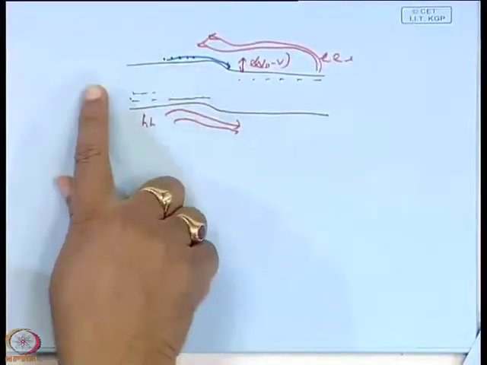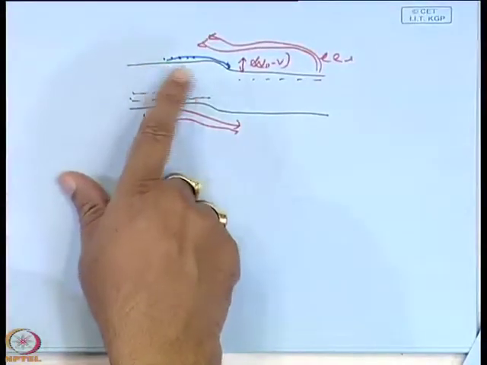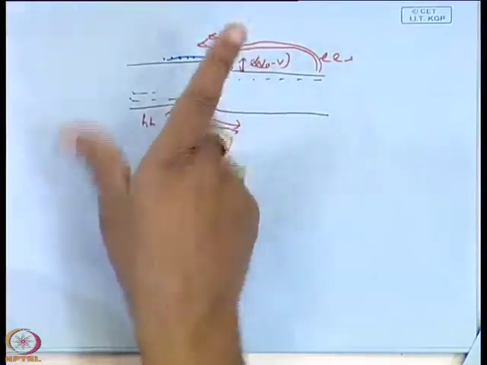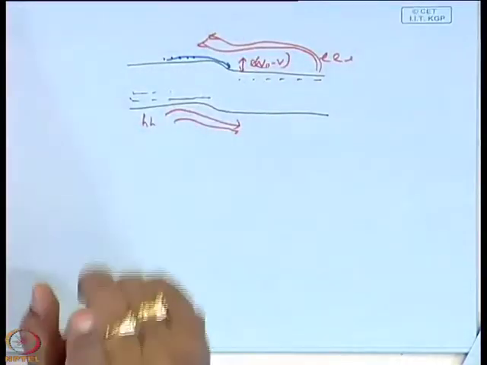Minority carriers will be there, and some minority carriers will be thermally generated also on the p region. So, there will be drifting of electrons from the p region to the n region also. In thermal equilibrium, drift current is equal to diffusion current. So, there will be no resultant current available from the device, from the junction.